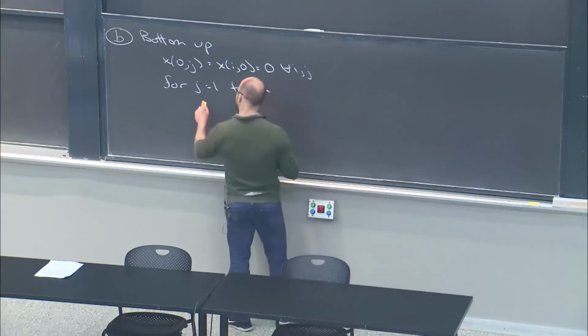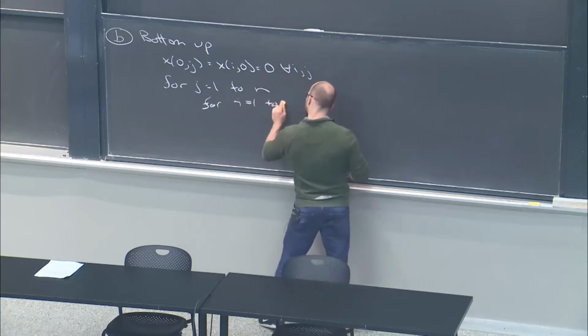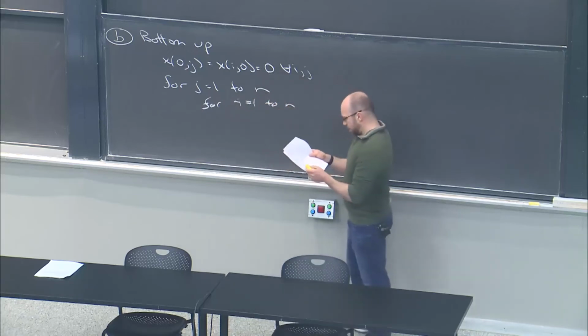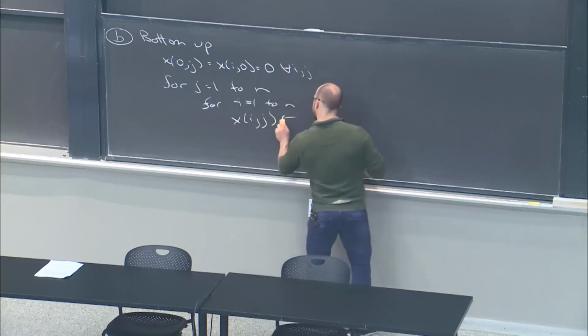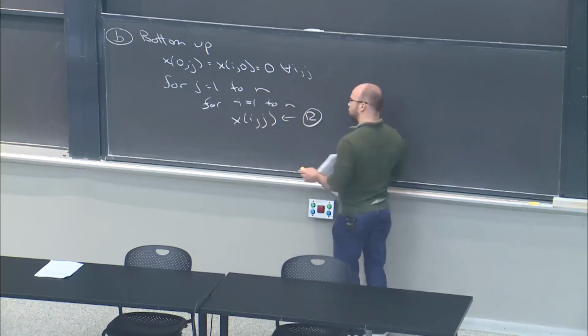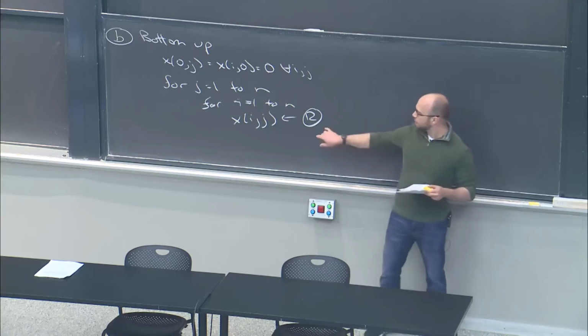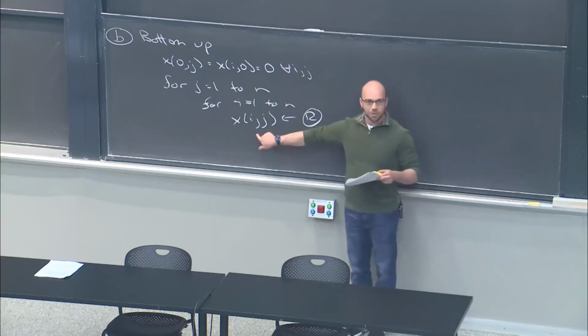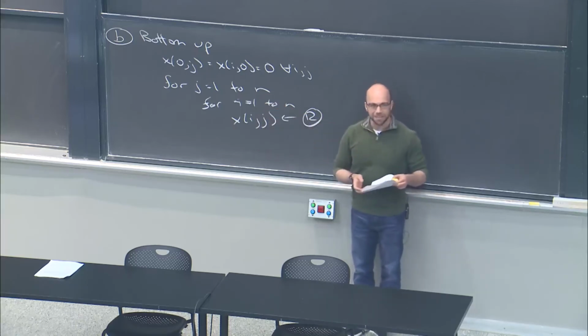So in particular, now we can do our loop over i, and then just have xij and evaluate our R step in our sortbot paradigm. That's perfectly fine because by the time I get to computing xij, I've already filled in xij for j-1, which is all I needed to evaluate that formula.